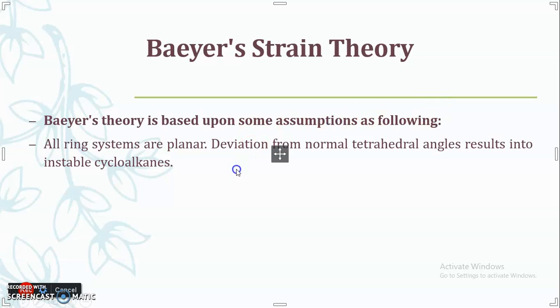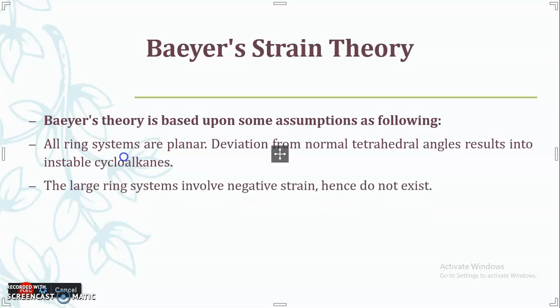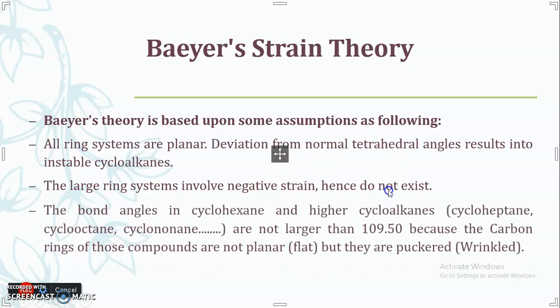Also he has assumed that deviation from the normal tetrahedral angle results in unstable cycloalkanes. Then large ring systems involve negative strain, hence they do not exist. Now what is the meaning of large ring systems? It means ring systems larger than cyclohexane. According to him, these rings do not exist in the universe.